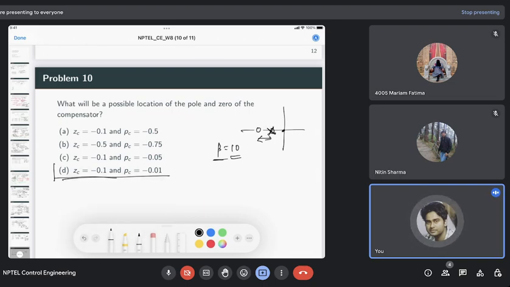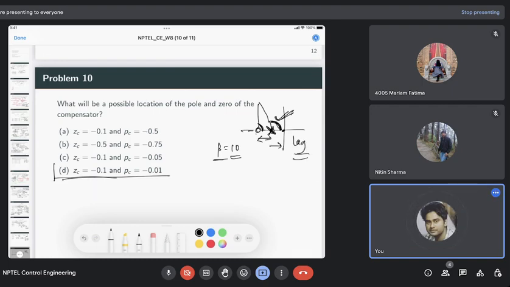Because you want the effect of the pole to be dominating, it should be nearer to the origin compared to the zero, and that's why the angle contribution will be more from this pole than the zero. So we see that this is a lag compensator, because the zero angle is subtracting from this, so a negative angle will be contributed by this lag compensator.